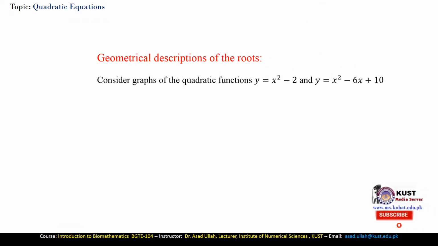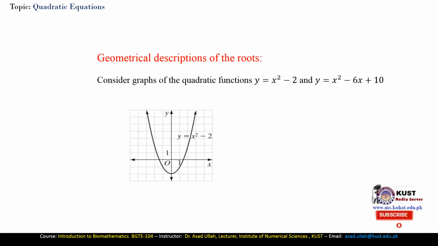Now, to geometrically understand what roots are and how to find roots from the graphs of quadratic equations or any polynomial equations, here we consider two different functions that were already discussed in the previous slides: y is equal to x square minus 2 and y is equal to x square minus 6x plus 10. First, I discuss the graph of y is equal to x square minus 2.